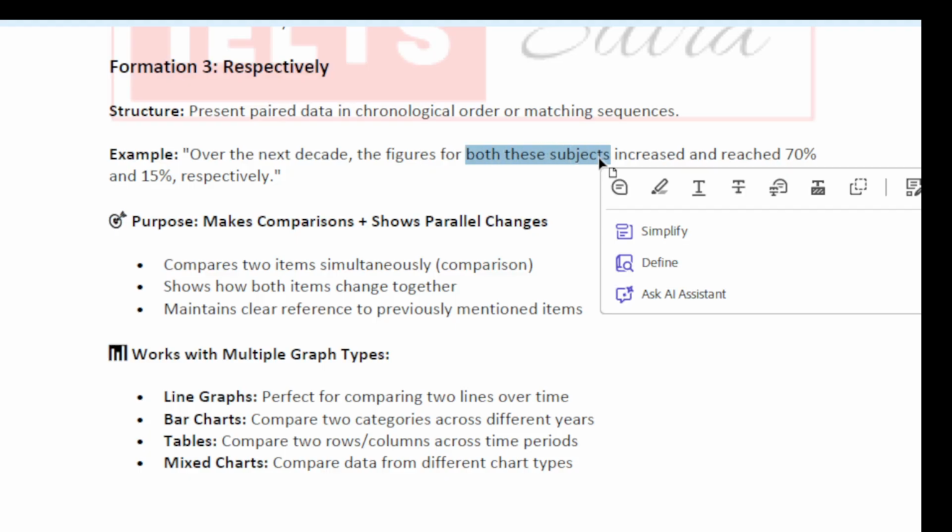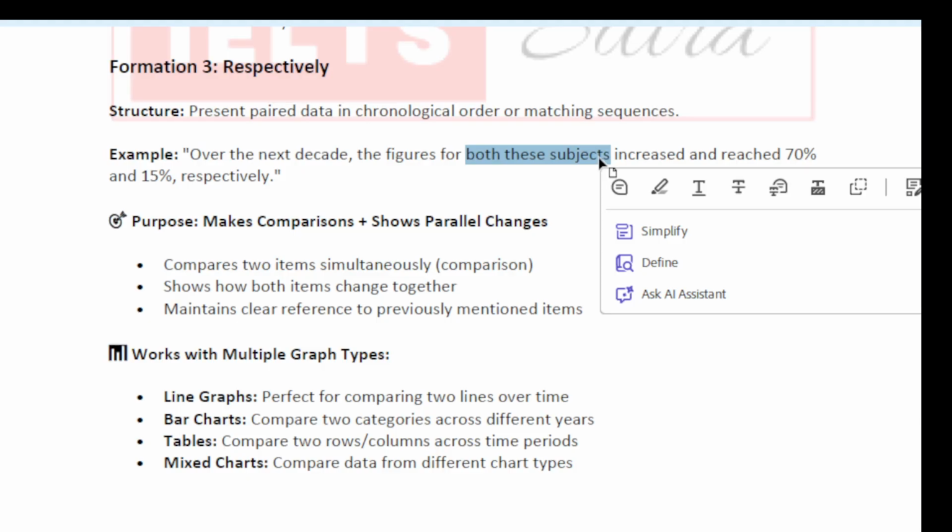If we write the highest lowest formation beforehand, and after it the respectively formation, both these subjects would be basically maths and science only. Science was the highest one, maths the lowest one. So both these subjects means science and maths in this context.